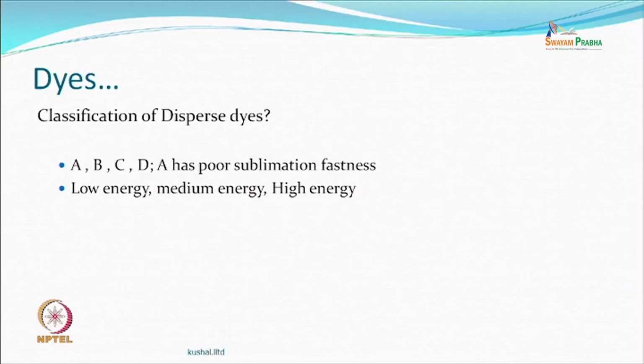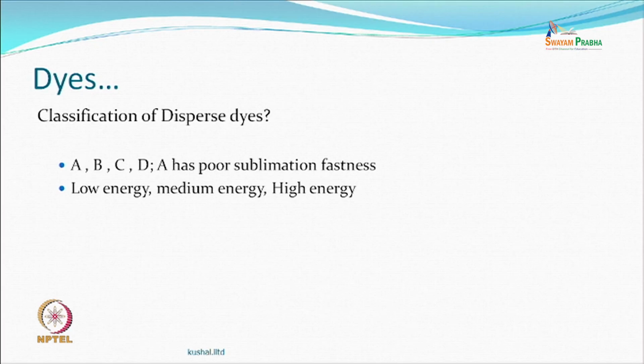So the dyes known as the disperse dyes have been categorized into various categories A, B, C, D, which is based on their sublimation fastness. So if the sublimation fastness is poor, you say, well, it is A type of dye.